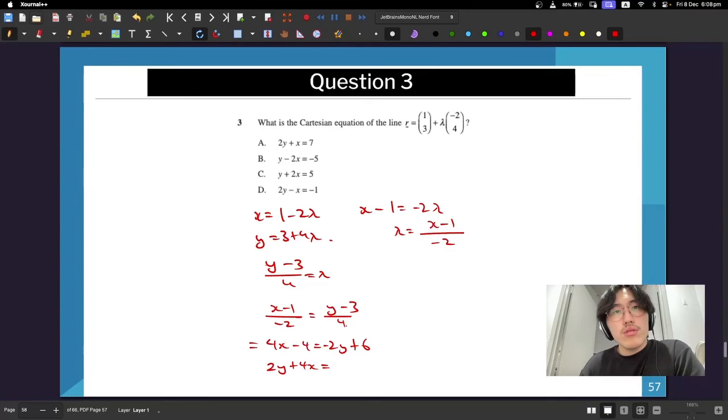What did I mess up? Oh, wait, no, I didn't mess up. Equals 10, and then we can divide everything by 2. Y plus 2x equals 5, so it's going to be C.